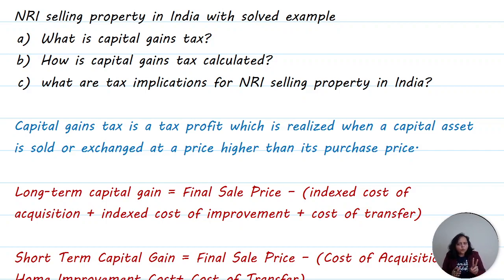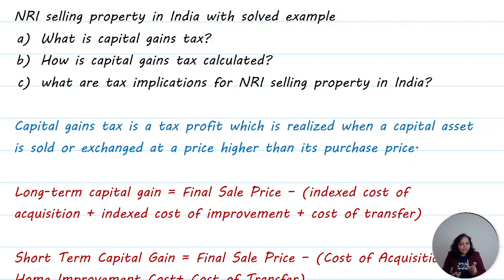Now, there are two types of capital gains taxes that are charged. Depending on the period of holding of the capital asset, you are either charged long-term capital gains tax or short-term capital gains tax.